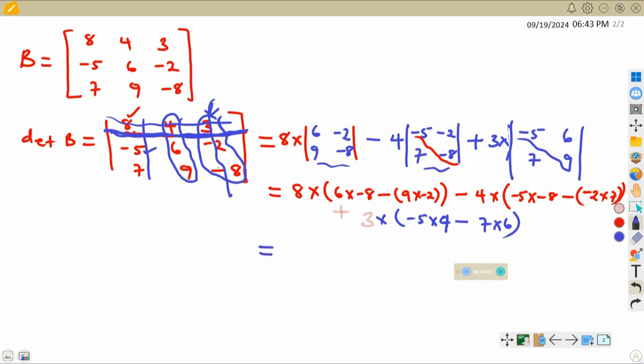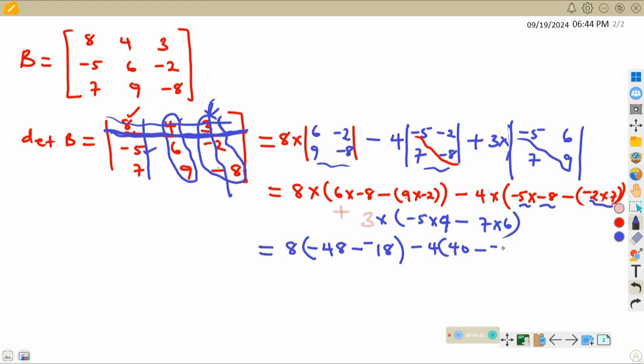Then try to simplify. So we shall have 8 into 6 times negative 8, which will give us negative 48. Then we are subtracting 9 times negative 2, which is negative 18. We have minus 4 into negative 5 times negative 8, which gives you positive 40, minus negative 2 times 7.